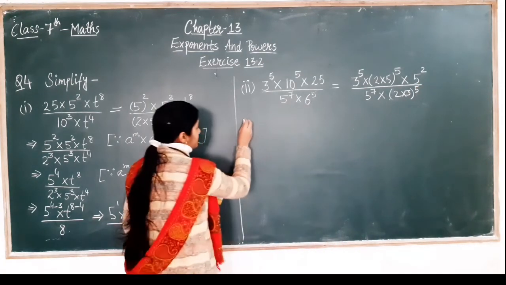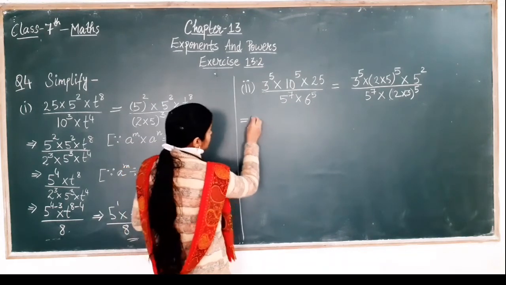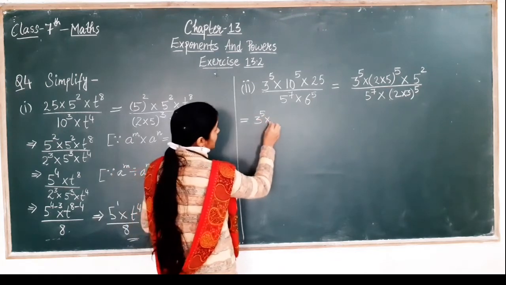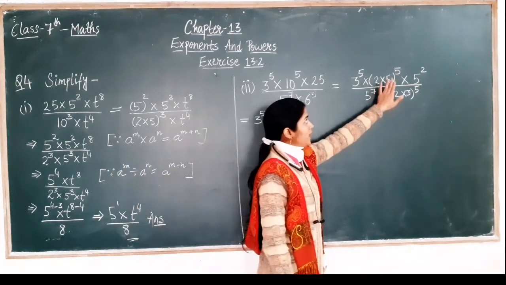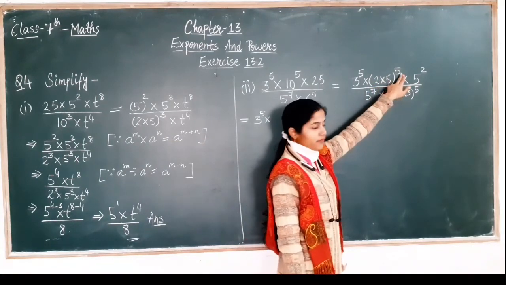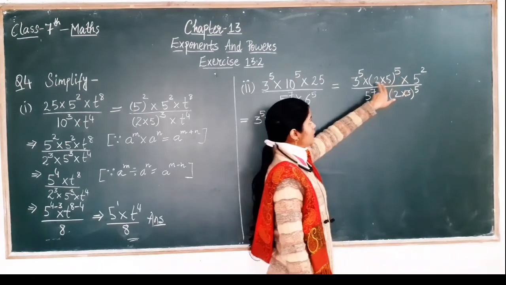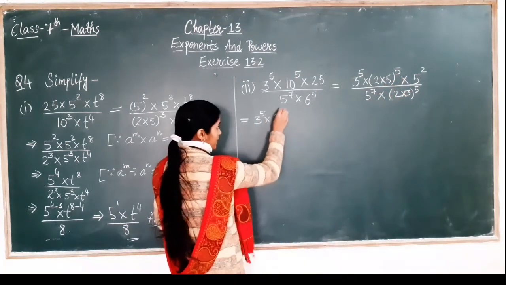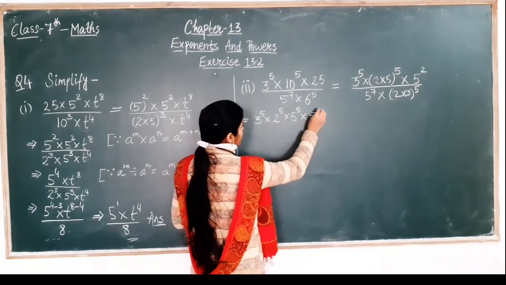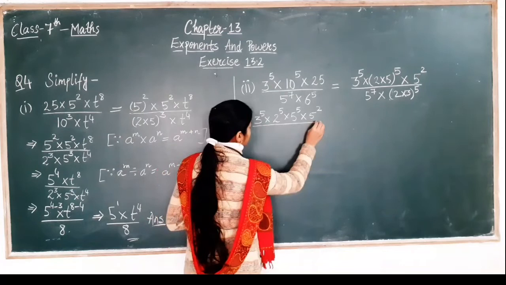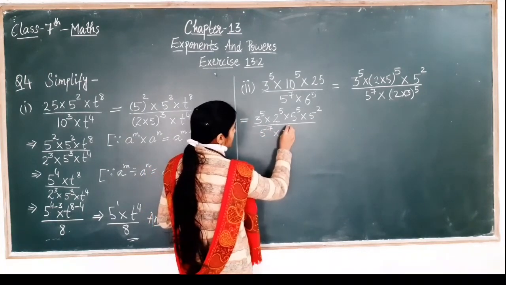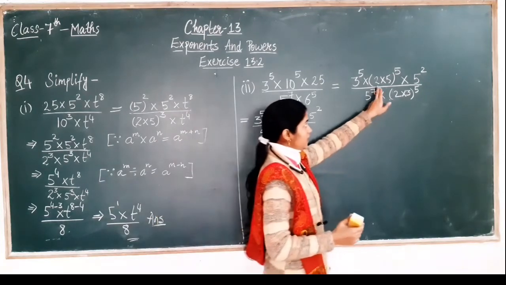Okay. So now we can write it as 3 raised to the power 5 multiplied by 2 raised to the power 5 multiplied by 5 raised to the power 5 multiplied by 5 raised to the power 2, divided by 5 raised to the 7 multiplied by 2 raised to the 5, as we have done in this.